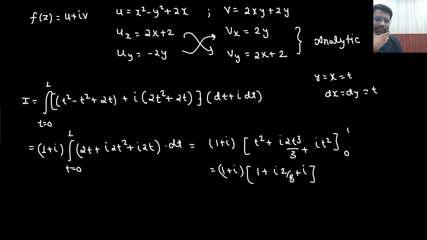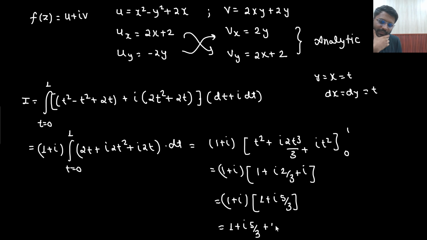So you can solve it. This will become 1 plus iota times 5 by 3 plus iota minus 5 by 3. So 1 minus 5 by 3 will be minus 2 by 3, plus iota 8 by 3. Yes, this is the answer that we are getting.